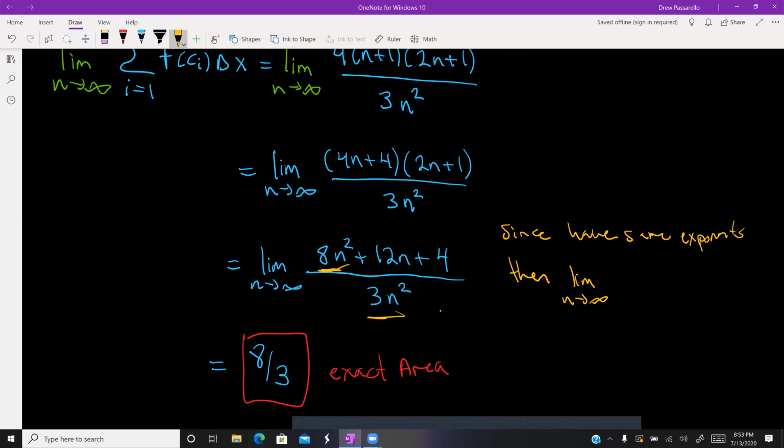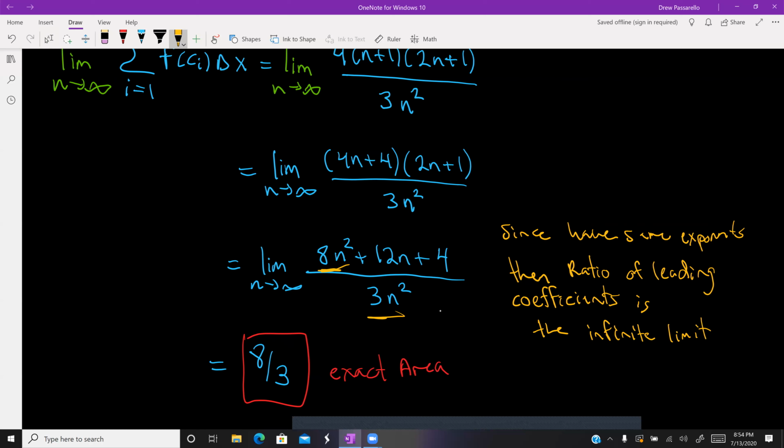So the limit as n goes to infinity, we focus on the leading terms, and the ratio of the leading coefficients gives you 8/3.